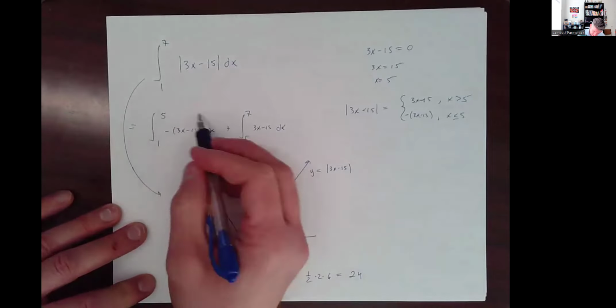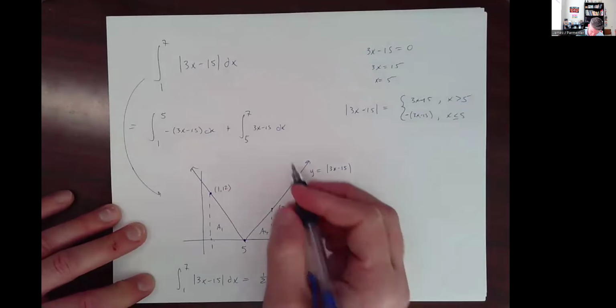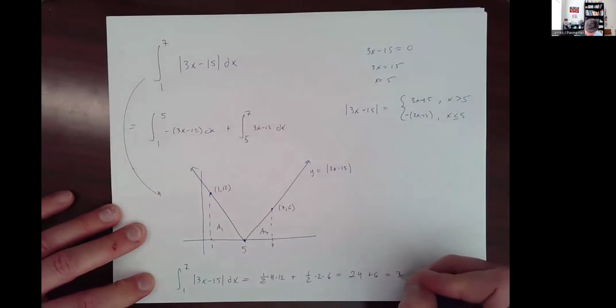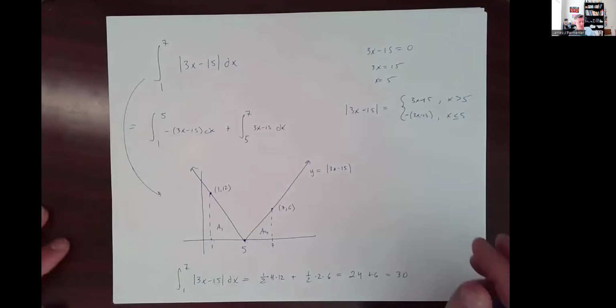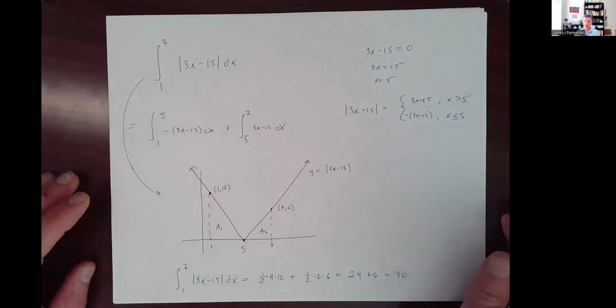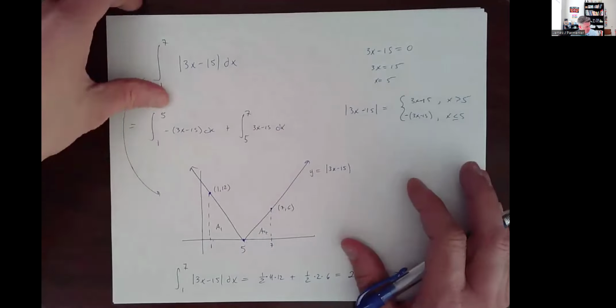By the way, this part of the integral would equal 24. And then 1/2 times 2 is 1, 1 times 6 is 6, so plus 6. So this integral over here would have an area of 6, and 24 plus 6 is 30. And that's it. That is almost always the way you should approach an absolute value integral: just draw it if you can, and then look at the area of triangles.